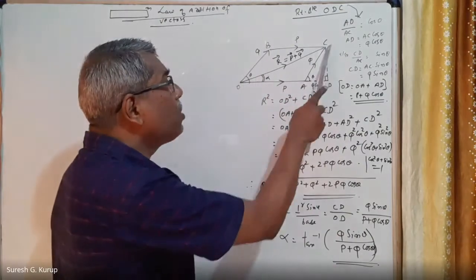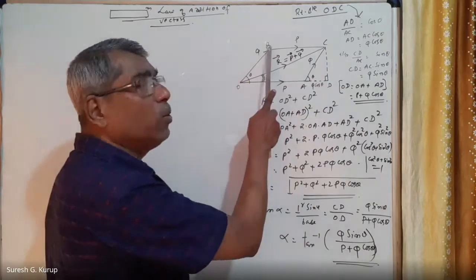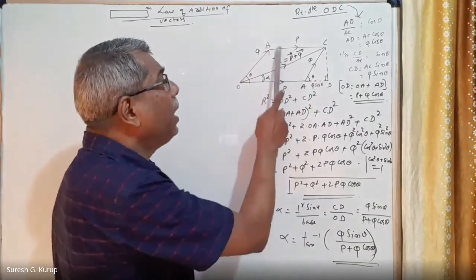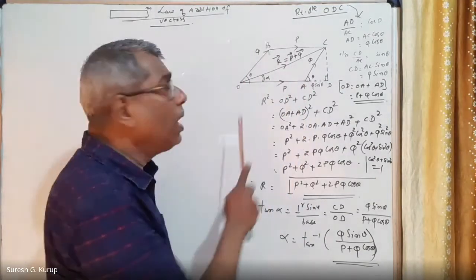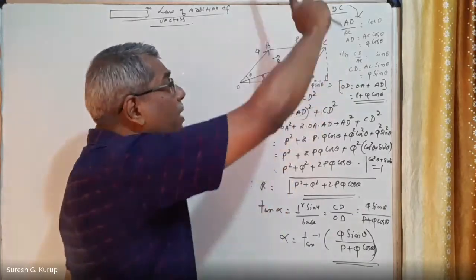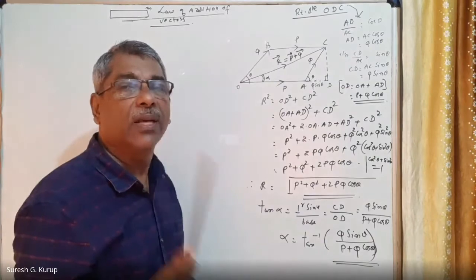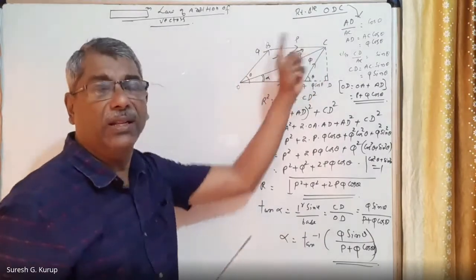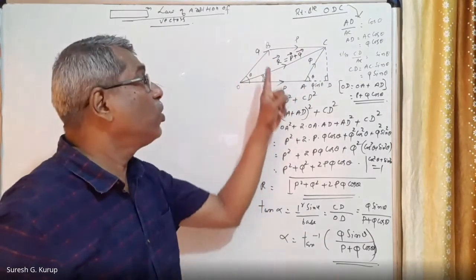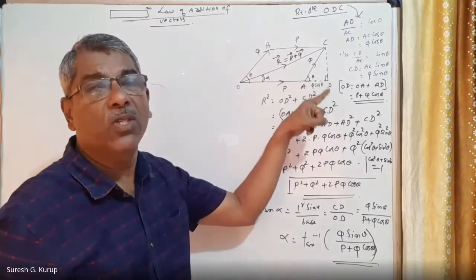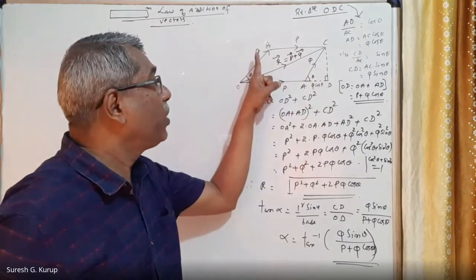So in this triangle also, vector P and vector Q, that is vector OB and vector BC, are taken in order. Then vector OC taken in the reversed order will be the resultant of these two vectors. In that case, we can write vector R equals vector P plus vector Q, or vector Q plus vector P.